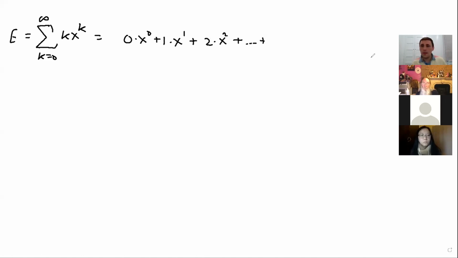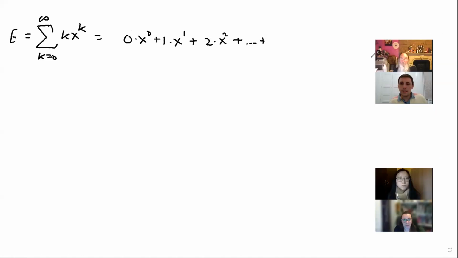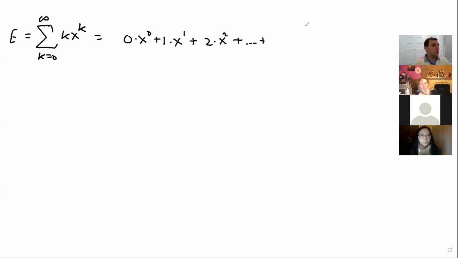Agreed? Now, how do I calculate it cleverly so that I don't have to do a lot of calculations? All you have to do is remember this is a sum. I can ignore the 0. I can say E equals, if I started with k equal to 1, nothing is changed, correct? Because the 0 term, I'm just adding 0.